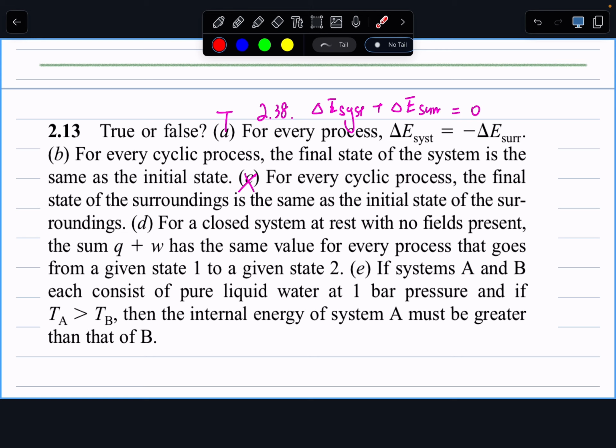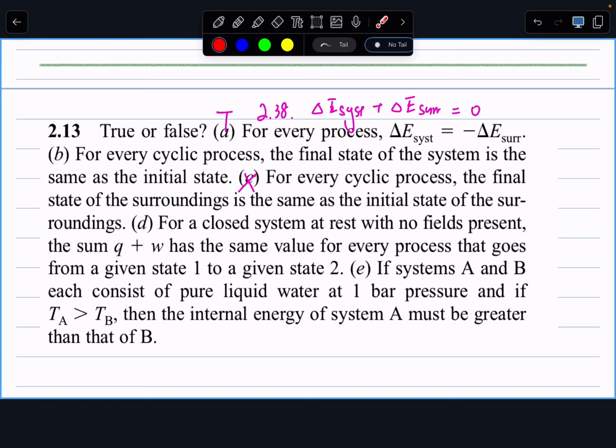Second one: for every cyclic process, the final state of the system is the same as the initial state. So raise your hand if you think it is true. Okay? Raise your hand if you think it is false. And you can't decide, right?